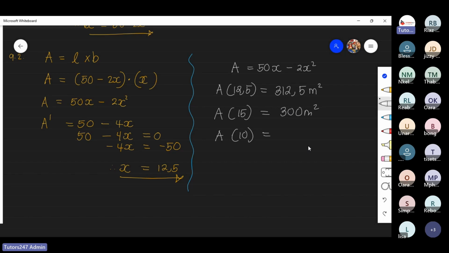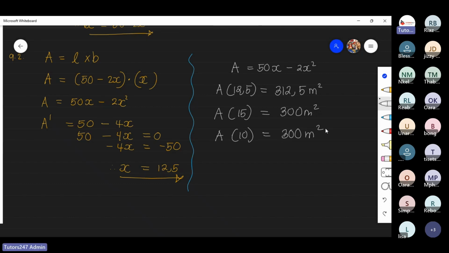As you can see, if you take a bigger x value, it gives you a smaller area. So that means so far our answer is looking kind of right. Now, let's take the smaller value, x equals 10. If you substitute x equals 10, you will also end up with 300 meters squared.